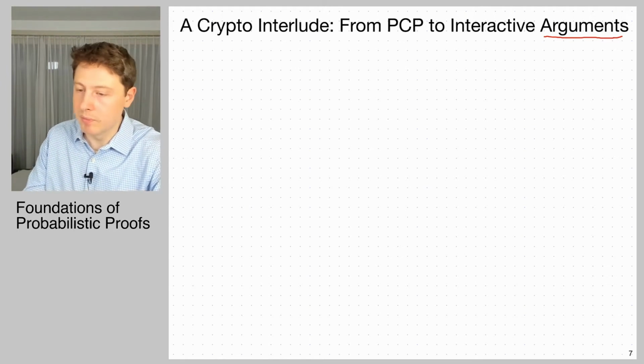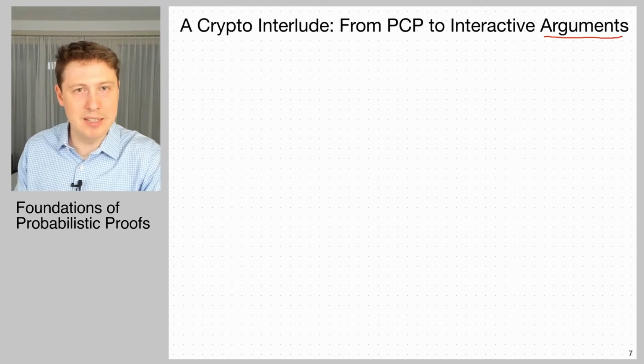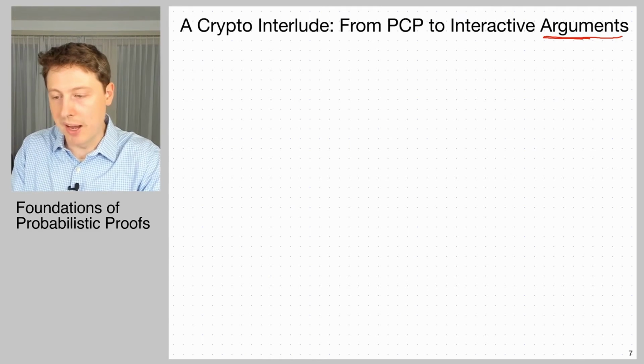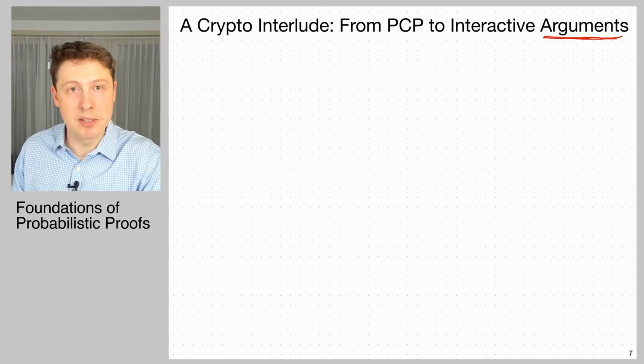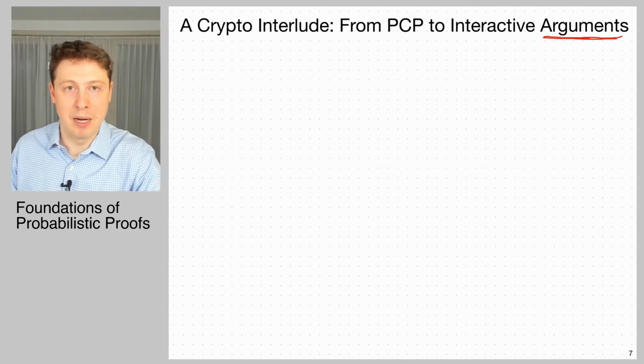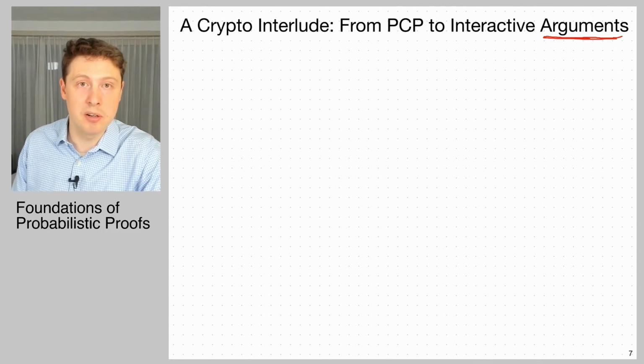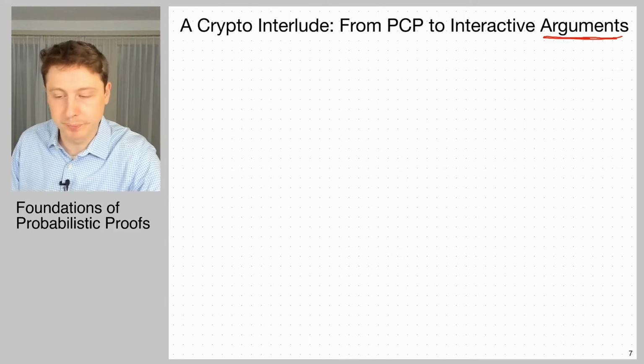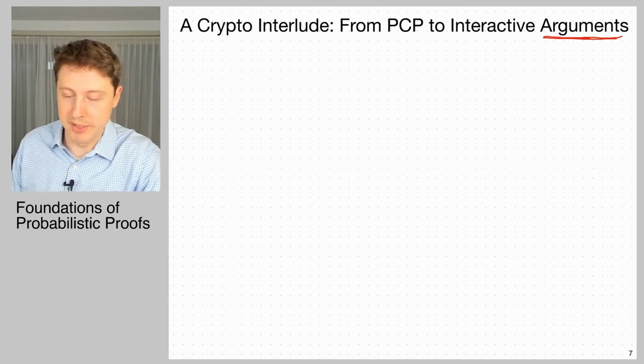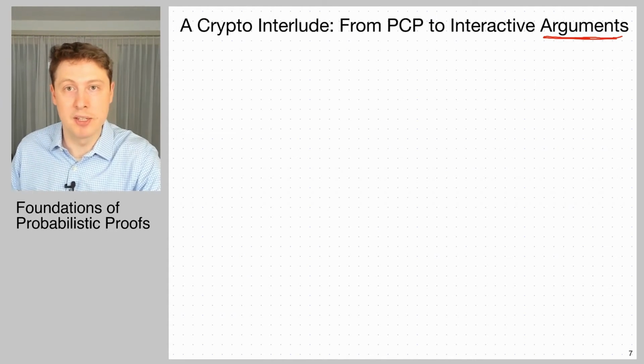I will not define it precisely, but it will be clear from what I'm going to show that if you consider an unbounded malicious prover, then something goes wrong. And so argument denotes the fact that you have soundness only against computationally bounded adversaries, which in the real world is good enough. Not just the real world, but from a philosophical perspective, that is also good enough.